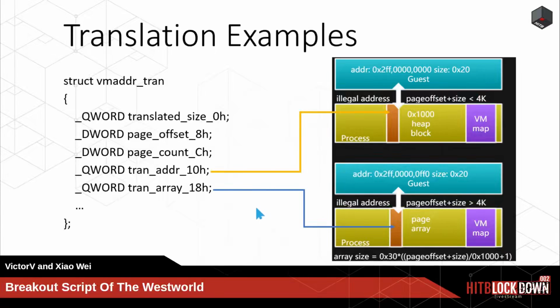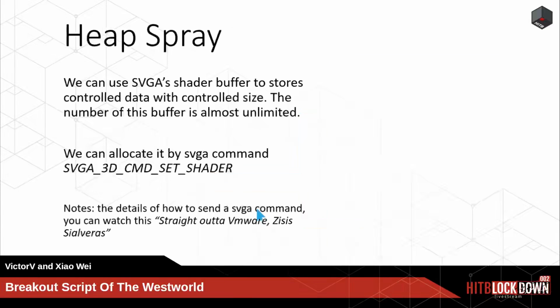Next, we need to discuss exploit primitives. Heap spray. To make our exploit stable, we need to heap spray for heap layout. The easiest way is to use SVJ shader buffer.